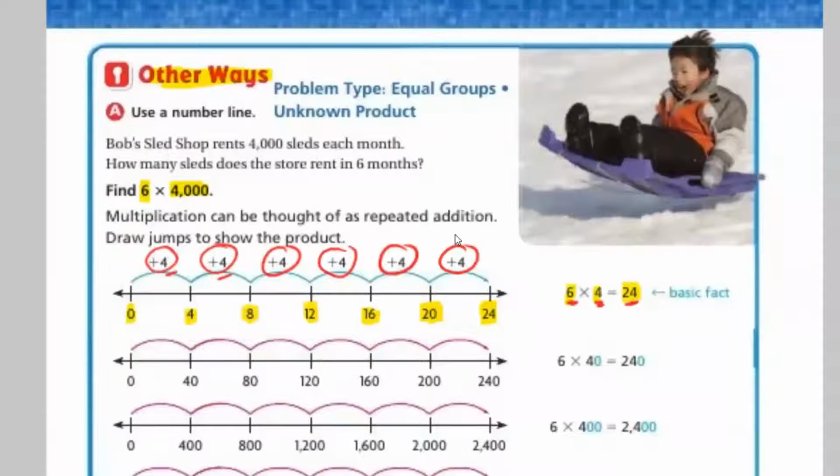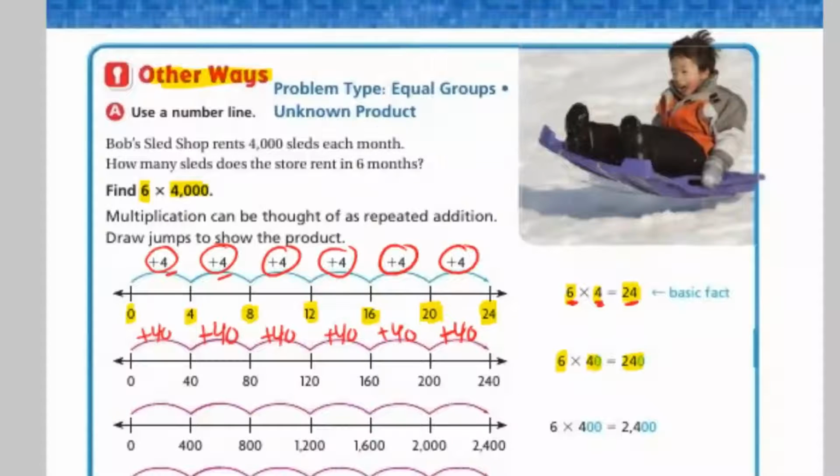Okay, what about the next one? The same thing, but in this case we're going to add 40 because 6 multiplied by 40 equals 240. So let's add 40 each time. Why did we add 40 here?